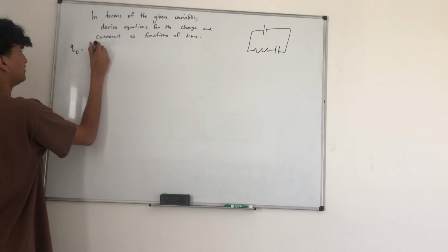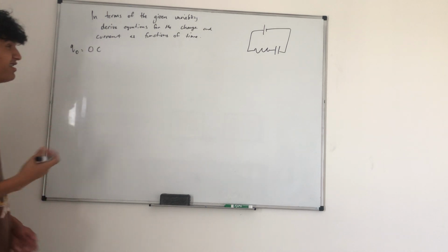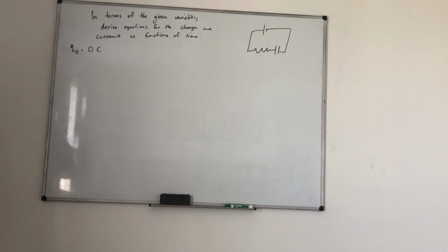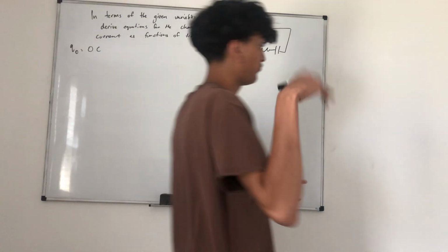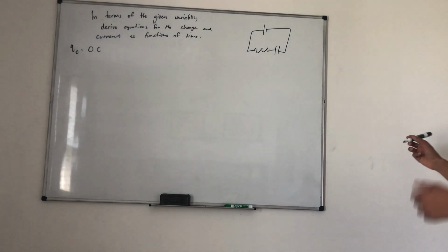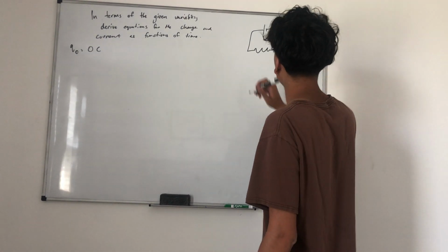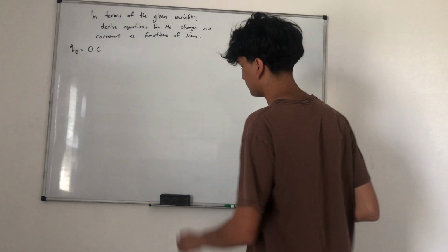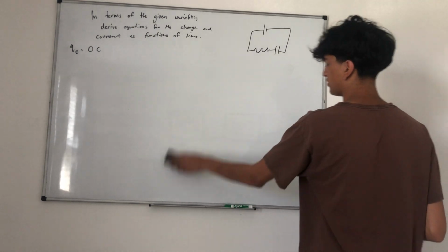I'll say Q naught is 0 coulombs. And what is the initial current? Well, we can actually use Kirchhoff's law to figure that out. You can have a guess as to what the initial current is going to be, based on what I was saying earlier. If we think about Kirchhoff's law, the sum of all those voltages is going to equal 0.